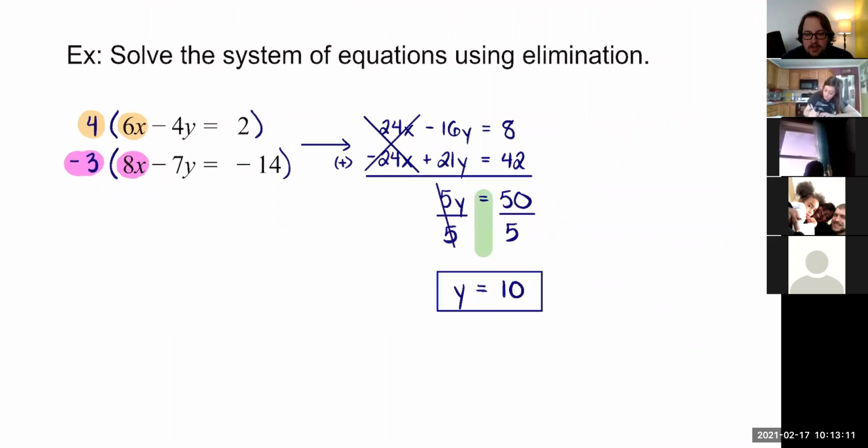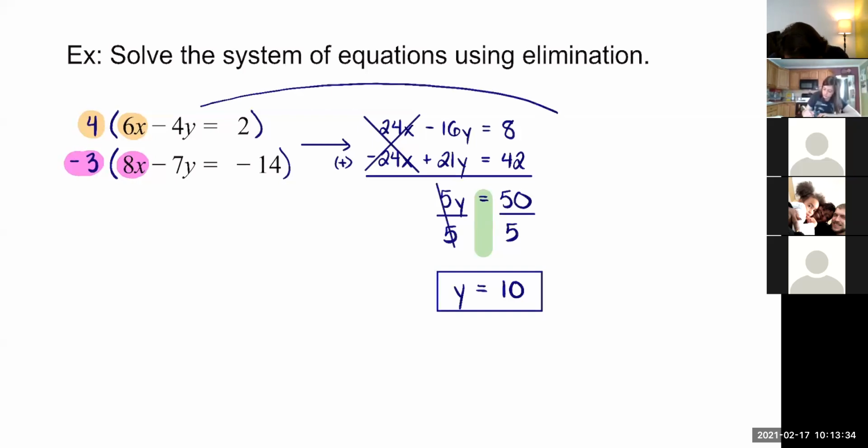Now, knowing that y is 10, which of the original two equations would you guys like to use? Top or bottom? Top. Miranda, oh, and Marissa, first come, first serve. They're saying top, again, really comes down to personal preference, but we can use the top equation here.